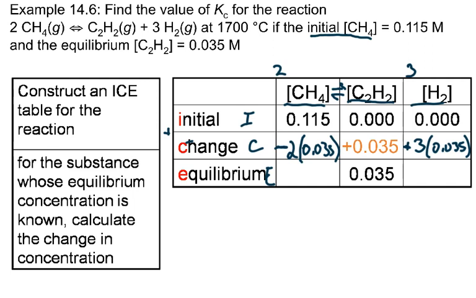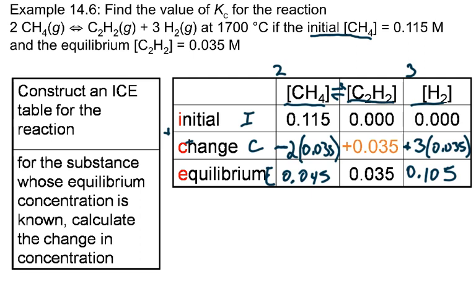So if I do this math, I'm going to take my 0.115 that I started with and subtract off 2 times my 0.035, and I get an equilibrium concentration for my methane of 0.045 molar. And then my hydrogen, I started with none, and I gained 3 times 0.035, which is 0.105 molar.